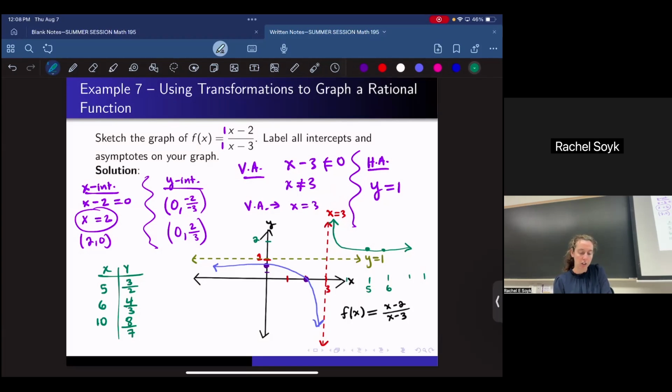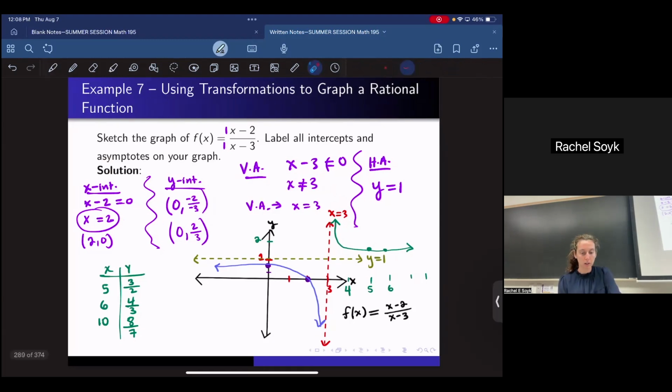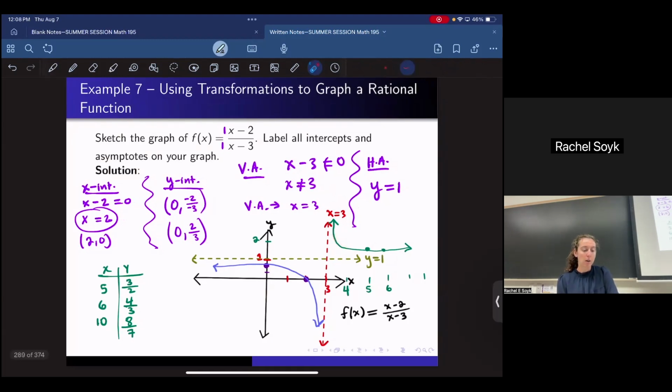And we're sketching, we're not graphing, so you don't have to be 100% accurate with your lines. But what I did was I plugged in my X values and then I spit out what my Y values are so I could plot some of them so that I can create that little sketch.